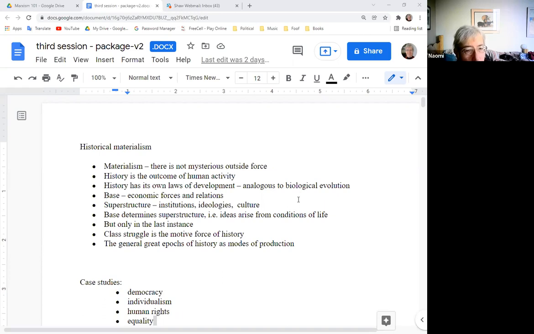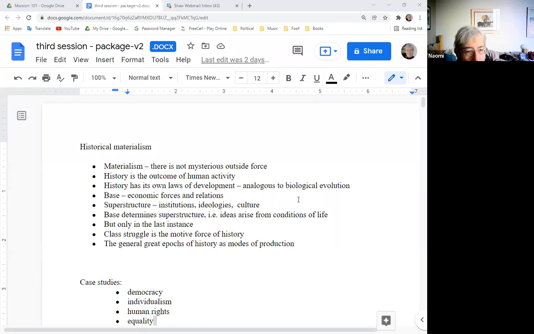Before I go on to what laws we think we can see in human history, I'll talk about a couple of the concepts that we need in order to understand these laws. One of these is a pair of concepts, the base and the superstructure.